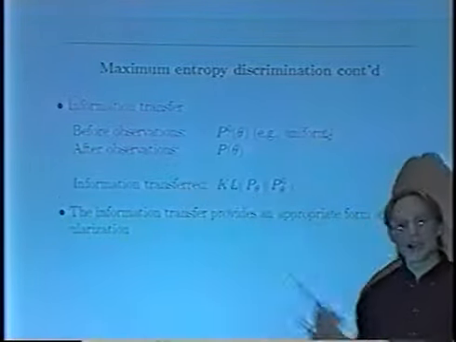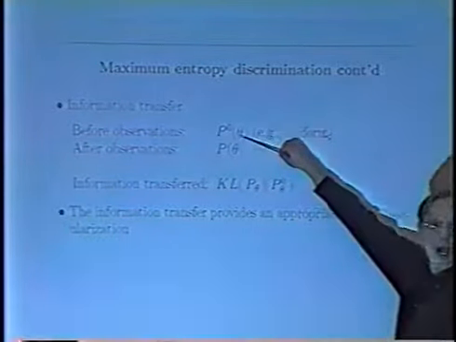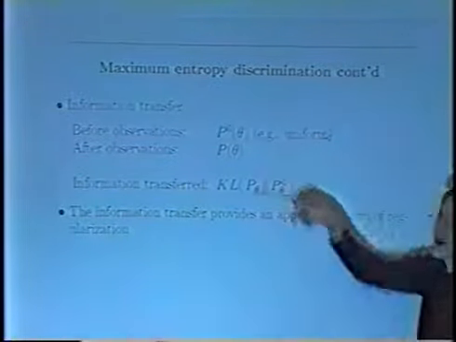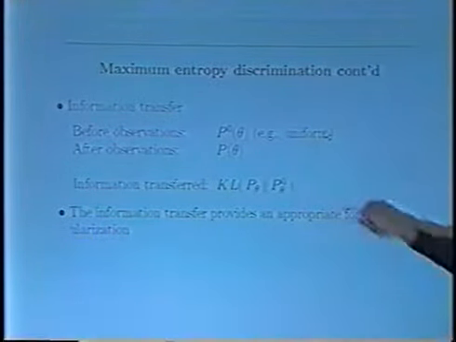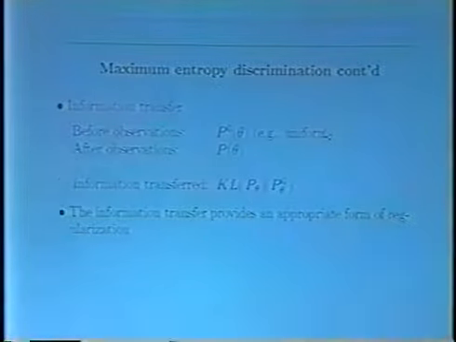After observations, any distribution that allows us to classify the examples correctly is different from the prior. And now you can compute the information that has transferred from the training examples to the distributions over the parameters. And that information is the KL divergence from the new distribution to the prior distribution over the parameters.